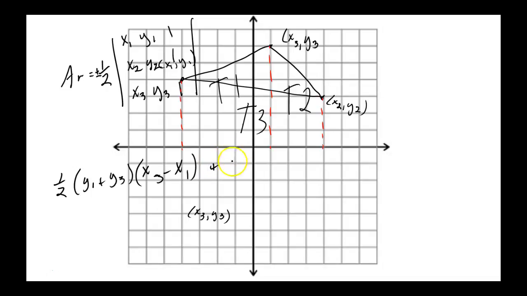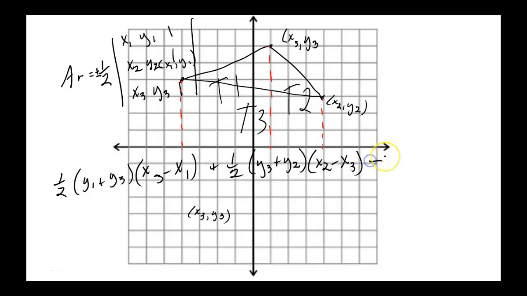Plus the area of trapezoid 2, which is 1/2 of y3 plus y2 times x2 minus x3. Okay.